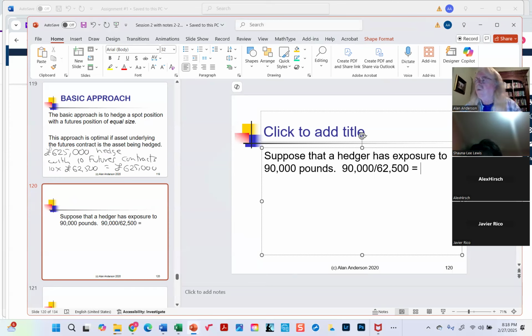It's going to be slightly more than one contract. 90,000 divided by 62,500. Oh, wait a minute. What happened? Hold on. It's 1.44. So then you would have to choose between one or two.